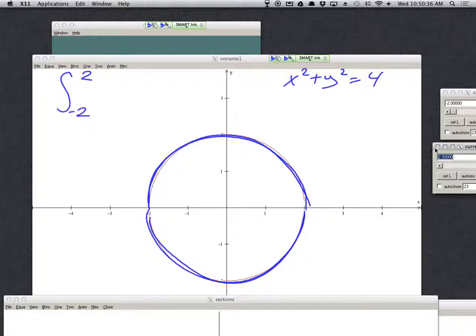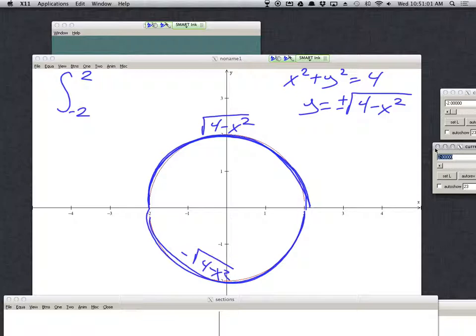So let's get this thing to be y equals. What can I do to get this to be y equals? Subtract x squared and square root it. And I need a positive and a negative. Now, do you see my two equations? The top part's going to be the positive square root, and the bottom part's going to be the negative square root.